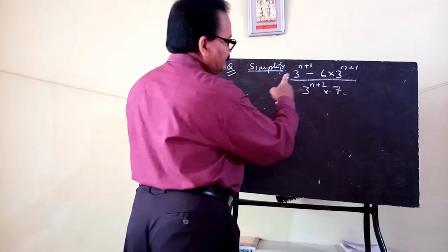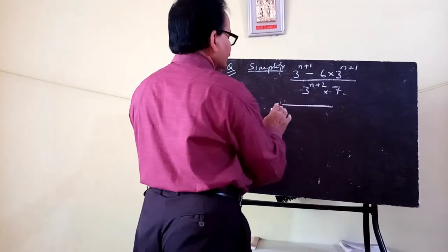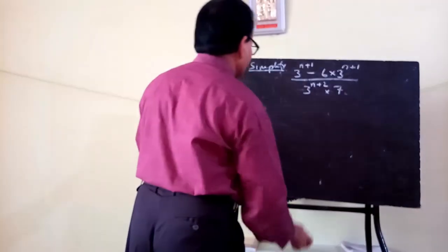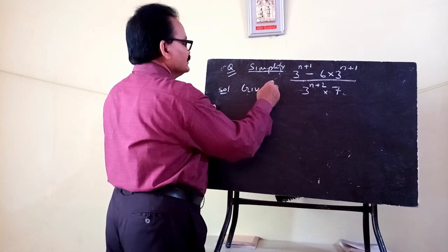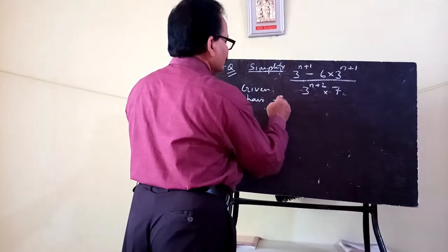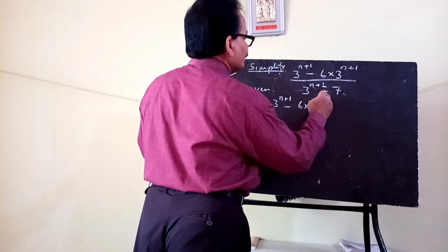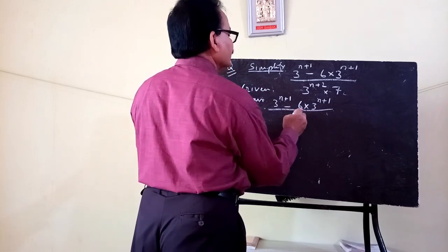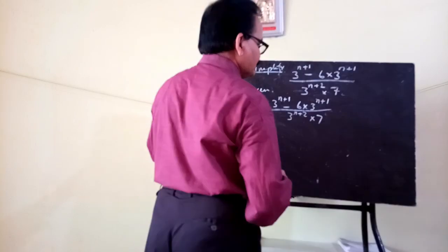Here you will see what you will do. First you write the given part. Solution: given, we have 3 to the power n plus 1 minus 6 into 3 to the power n plus 1, divided by 3 to the power n plus 2 into 7.